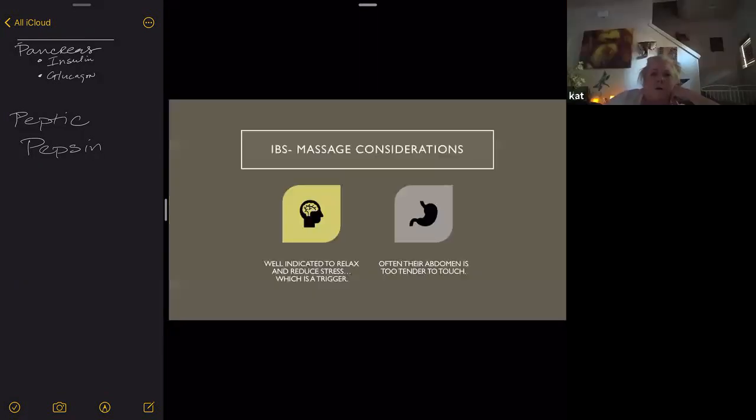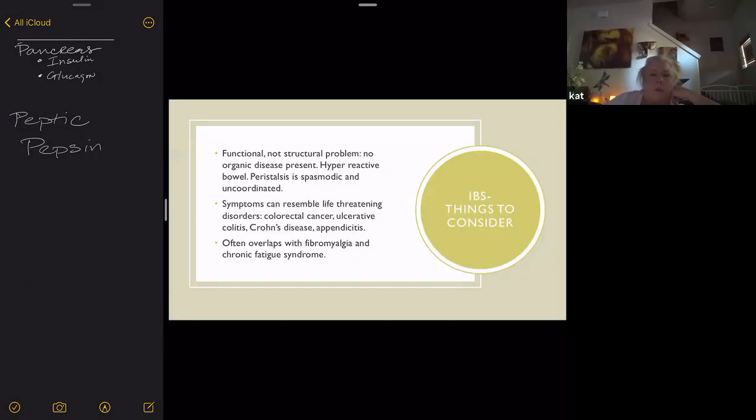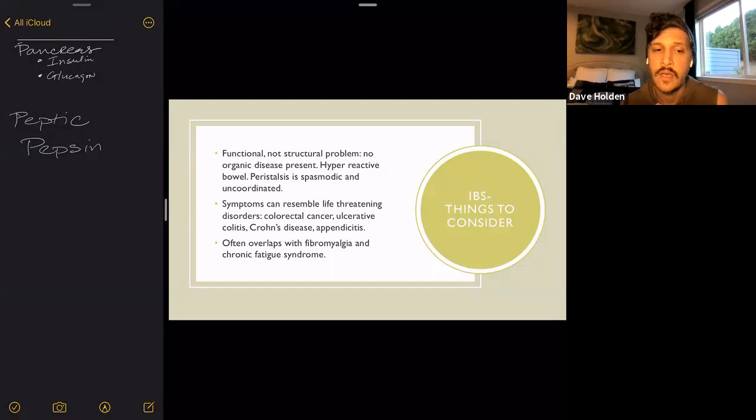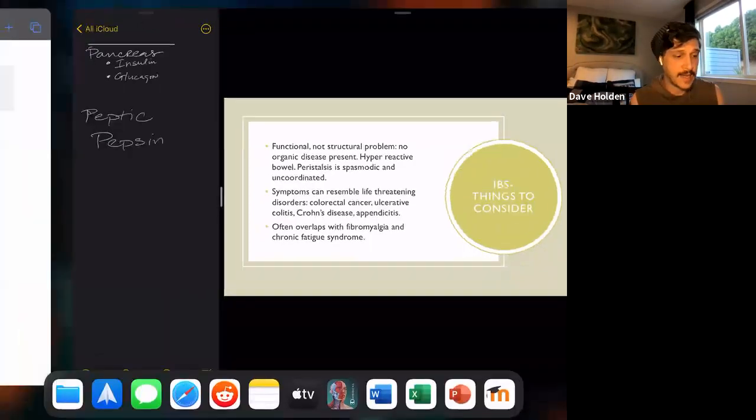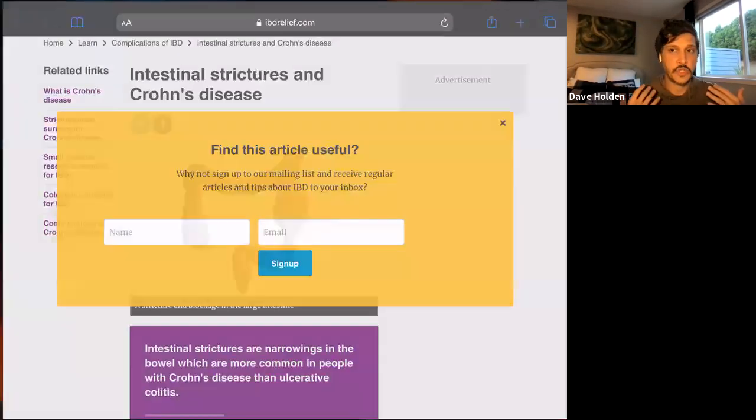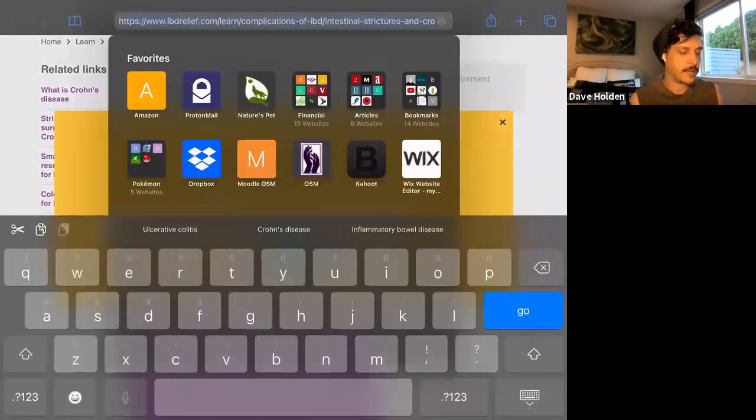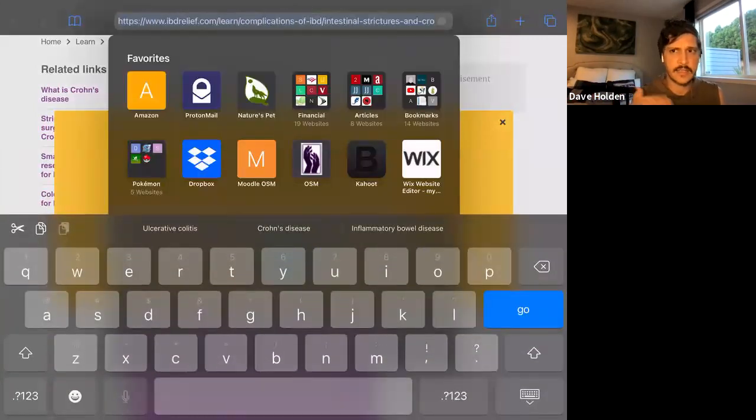Dave: Can it be temporary or is it considered kind of a permanent disease, IBS? From my understanding, we can't really treat it. So I'll double check, but my understanding is that it's just chronic.